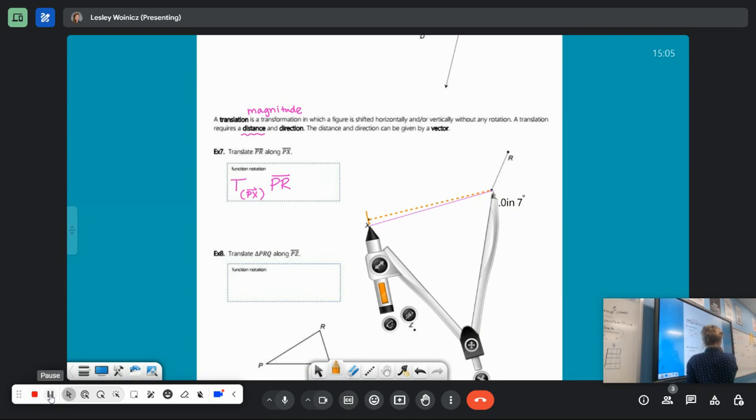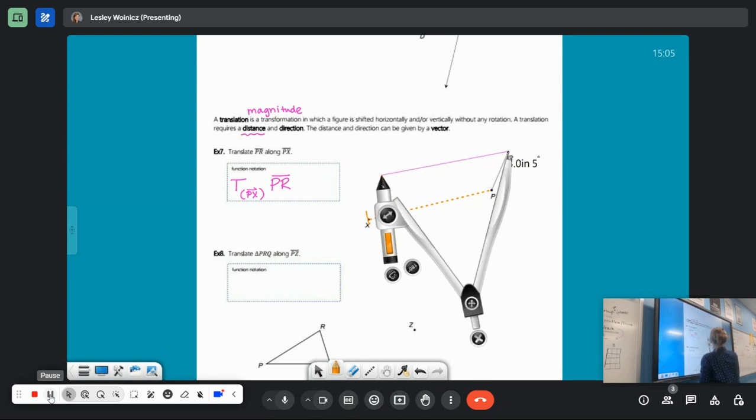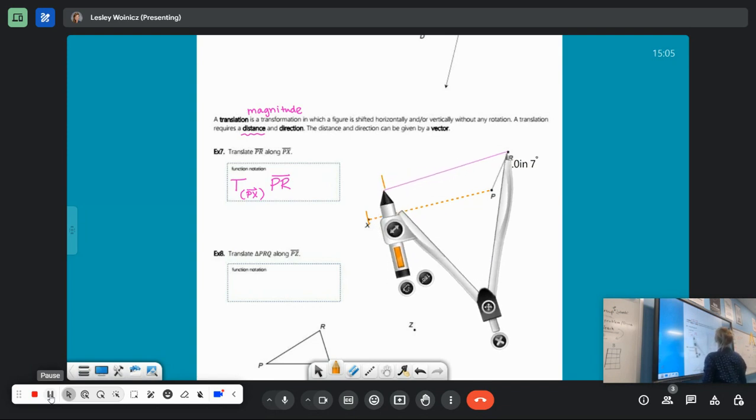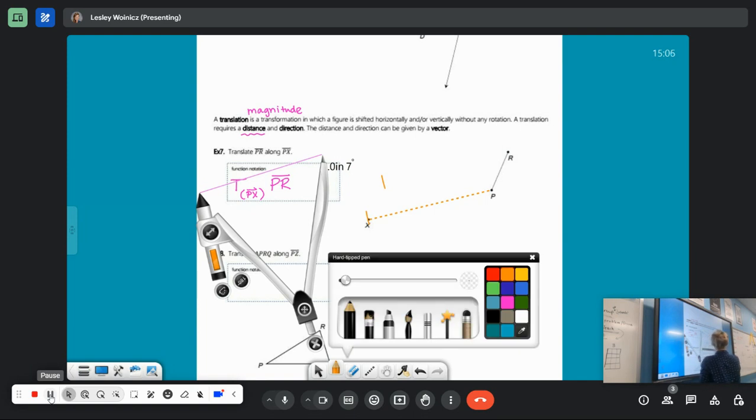Okay. I'm going to copy it here. So I want point R to move that same distance in that same direction. Okay, now I don't exactly know where on that arc I'm going to put R.